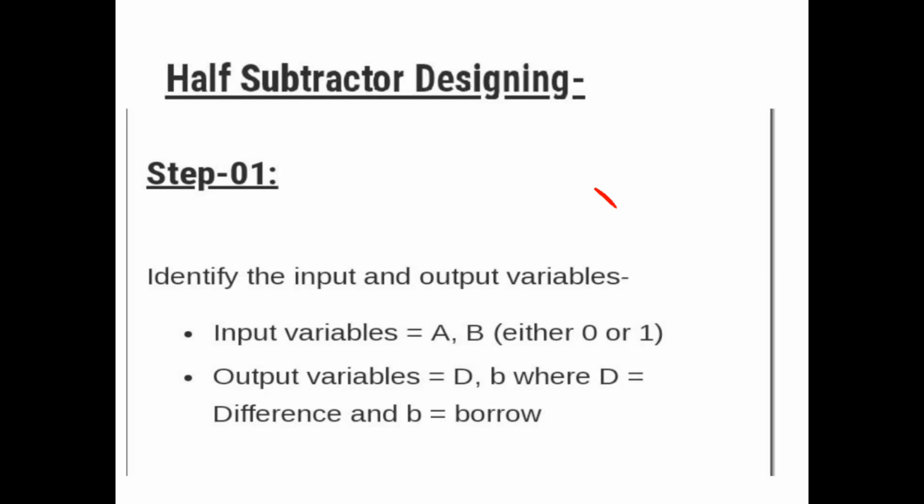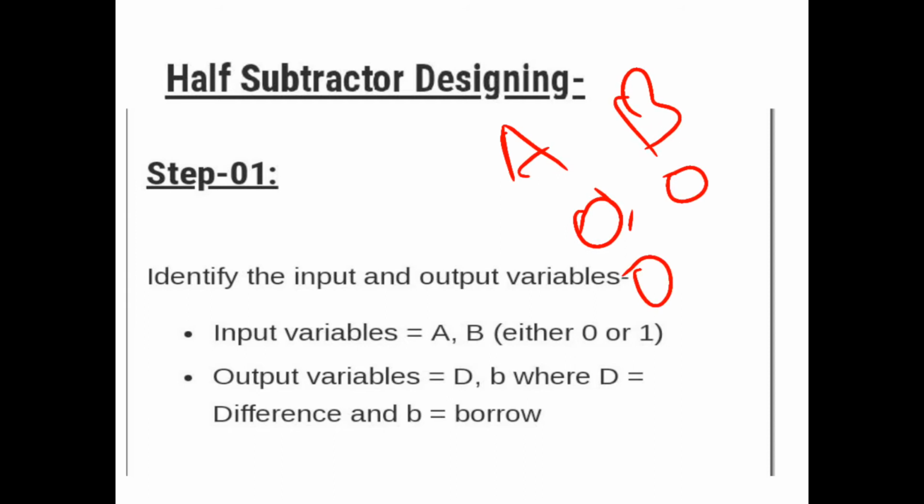Let me write those combinations here. A, B: the first combination 0, 0. Second one will be 0, 1. Then third combination will be 1, 0. And the fourth combination will be 1, 1. So for these four inputs, we will compute the outputs.